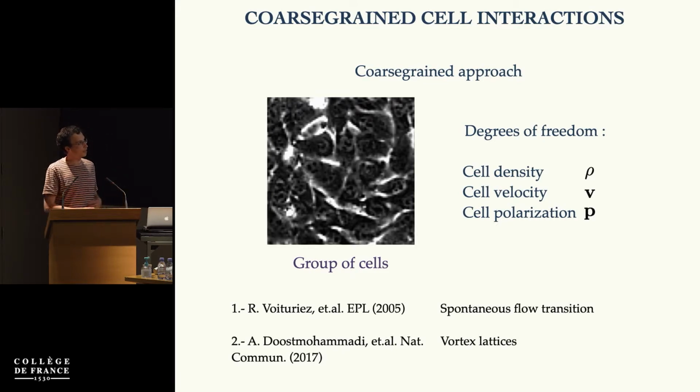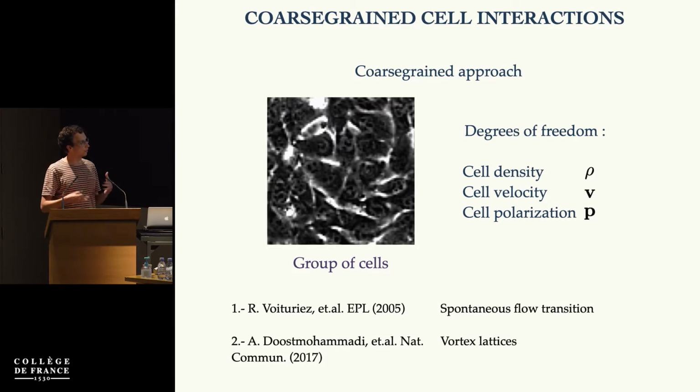And to construct the dynamical equations that will describe the dynamics of these fields, we use the active gel theory. And this theory, in the past 20 years, there is a whole range of examples where it has been used to quantitatively interpret biological systems under different conditions.